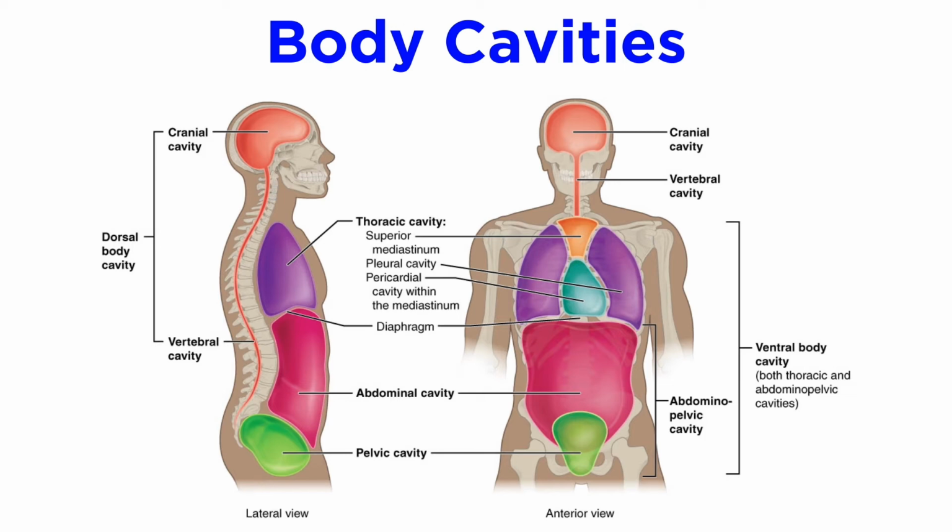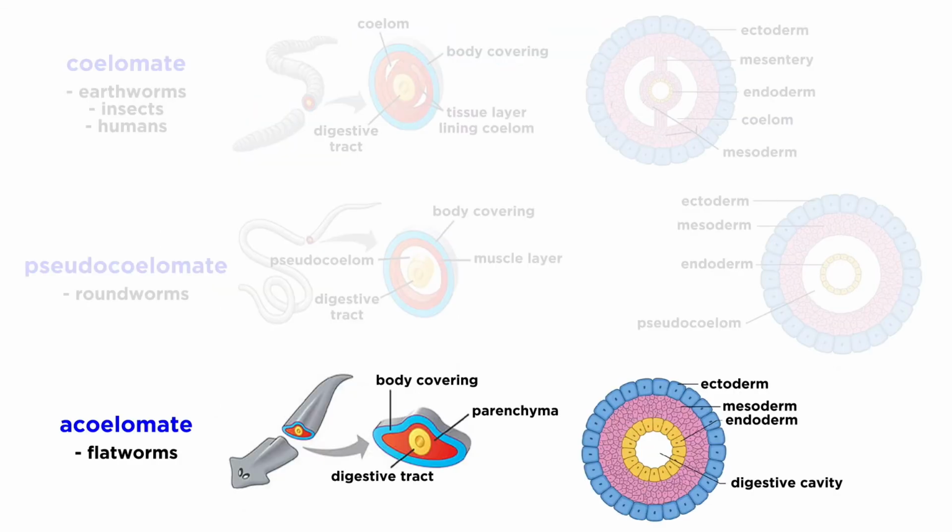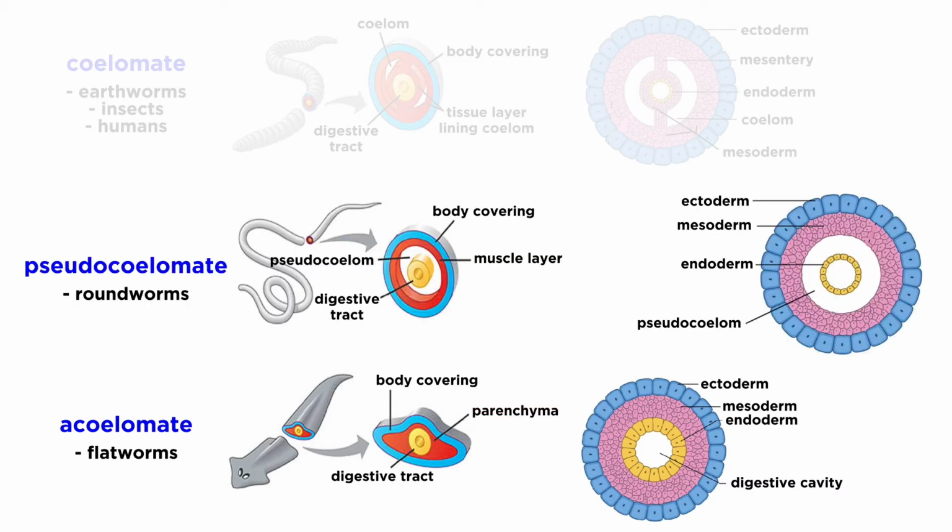Some triploblastic animals, like the flatworms, are acoelomates, meaning they have a body filled with densely packed cells called parenchyma. These cells are not specialized for any particular function. Other animals, like the roundworms, are pseudocoelomates, meaning they have a body cavity that is not entirely lined by the mesoderm.